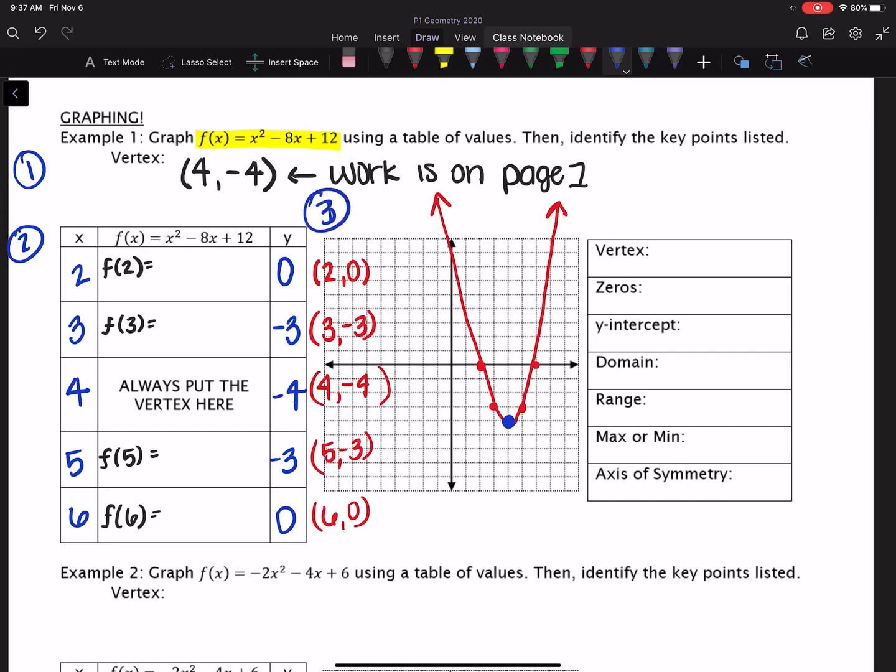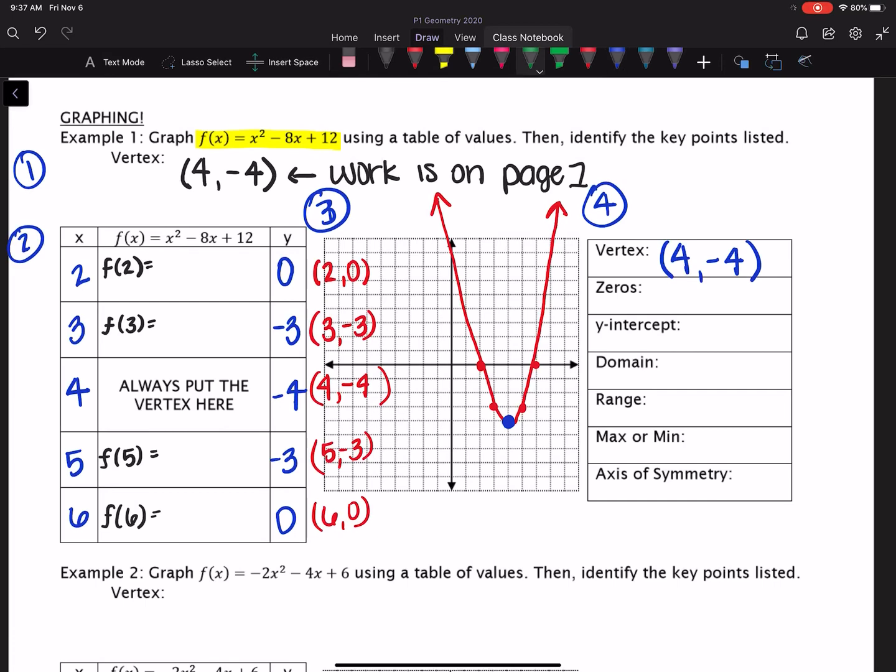That was my third step in graphing. My fourth step, which was the last part of my directions, is to identify the different parts of this parabola. We've already identified our vertex. We know that that's 4, negative 4.